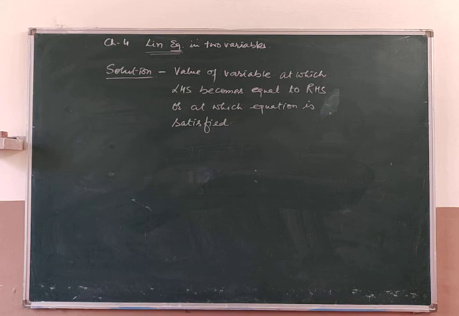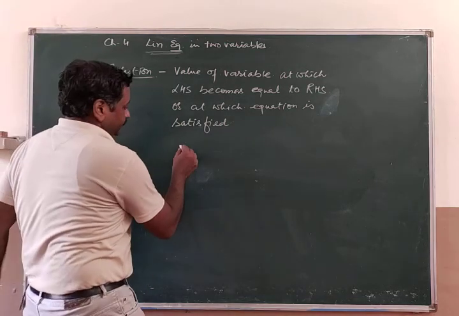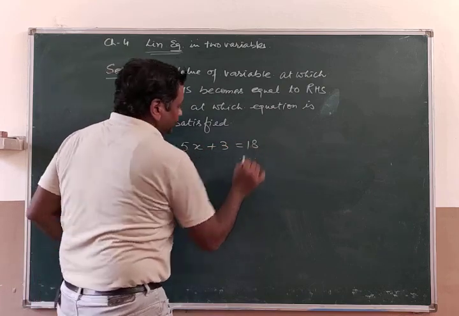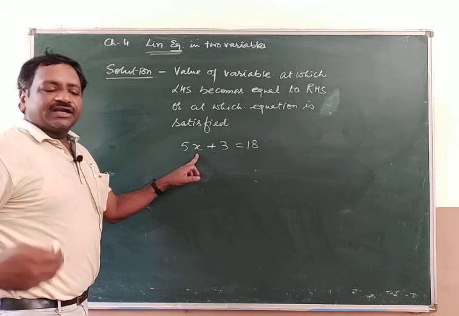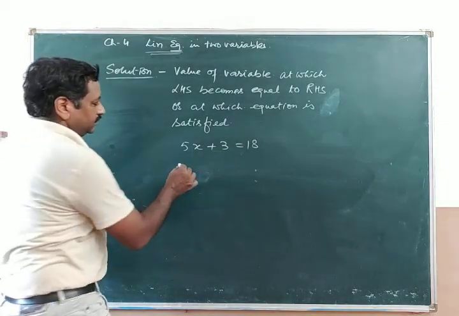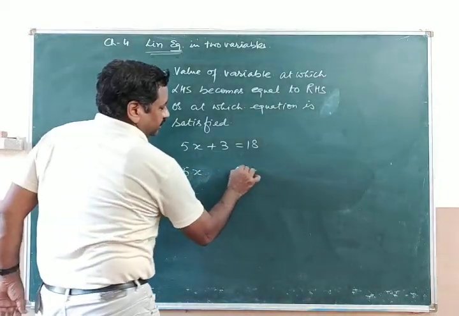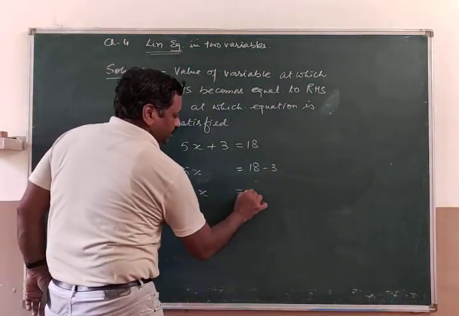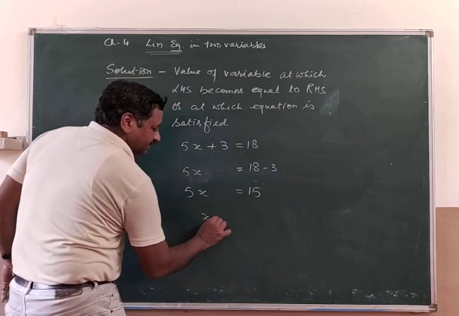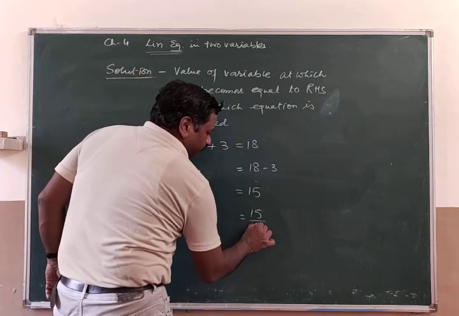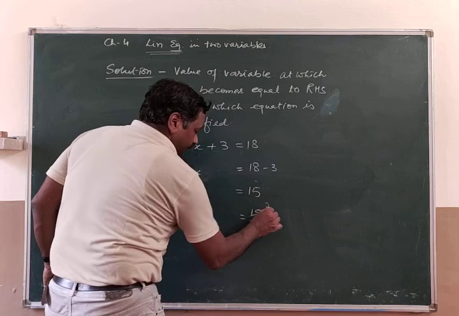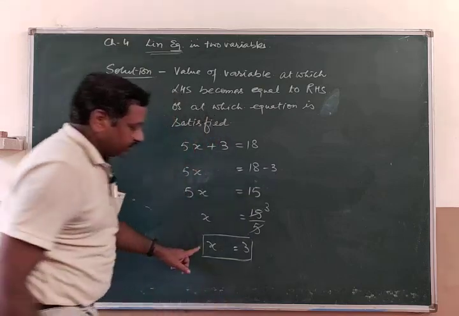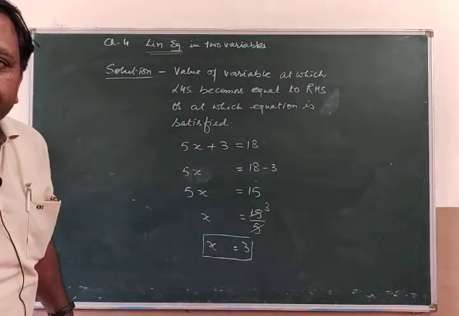For example, 5x plus 3 equal to 18. Find out the value of x as you were doing in class 8th. 5x equal to 18 minus 3, 5x equal to 15, x equal to 15 upon 5, 5 3s are 15, x equal to 3. So this is the solution of the equation.